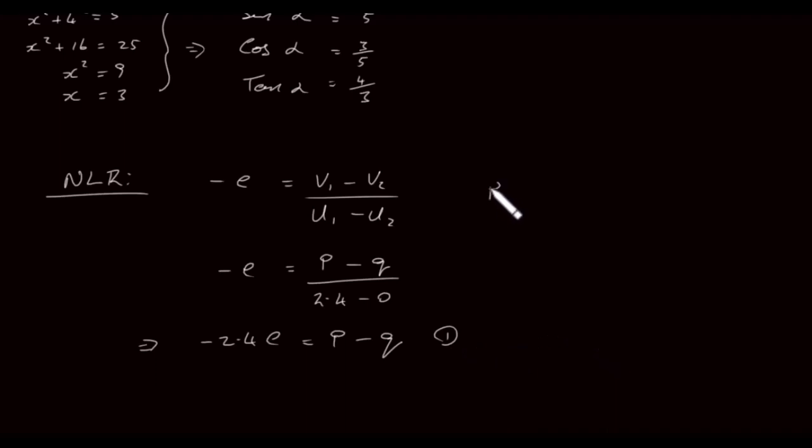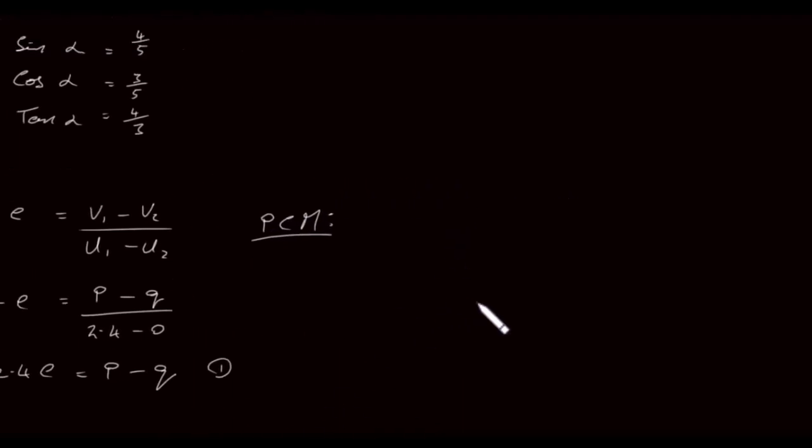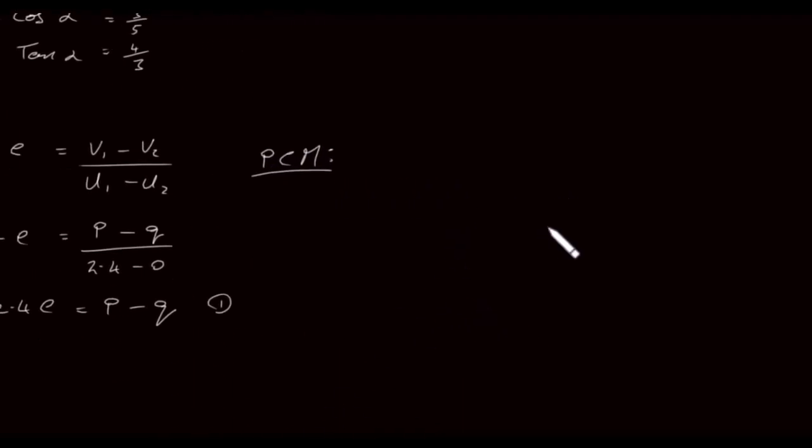So this is our principle of conservation of momentum. So let's work through that. Now, we know that our formula is going to be m1 u1 plus m2 u2 is going to be equal to m1 v1 plus m2 v2. So the momentum before is going to be equal to the momentum afterwards. So let's put in our numbers here.